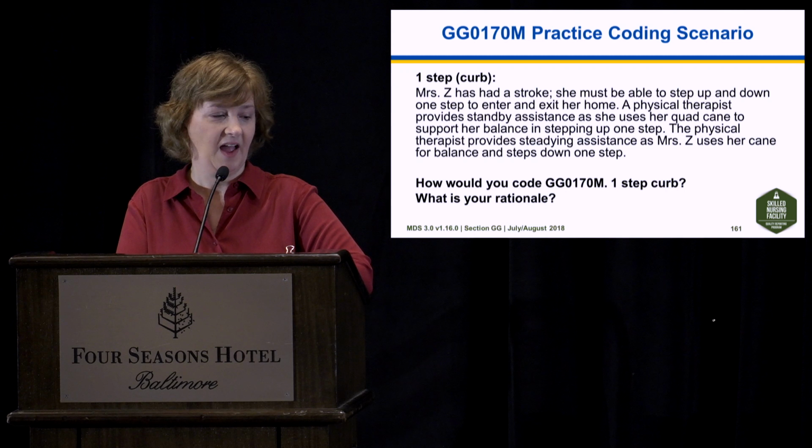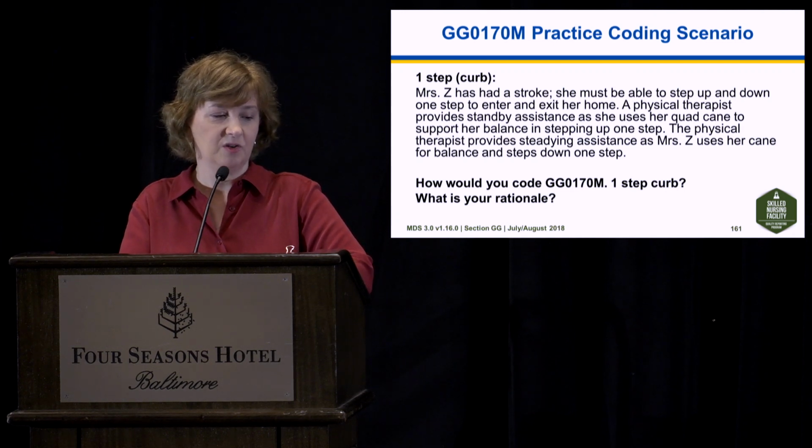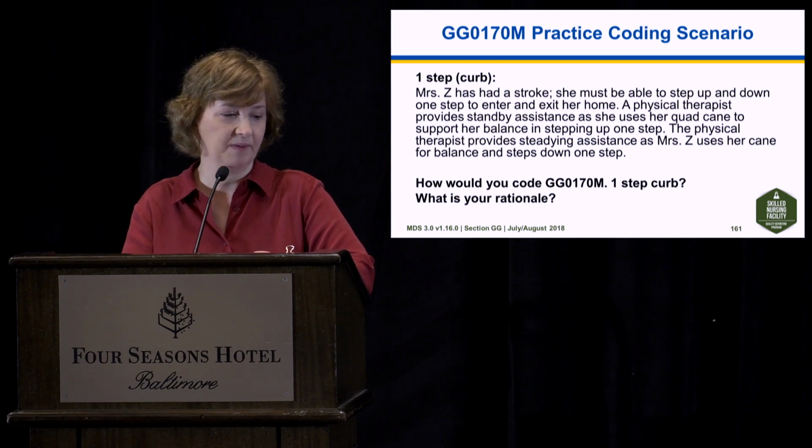Mrs. Z has had a stroke. She must be able to step up and down one step to enter and exit her home. A physical therapist provides standby assistance as she uses her quad cane to support her balance in stepping up one step. The physical therapist performs steadying assistance as Mrs. Z uses her cane for balance and steps up, down one step.